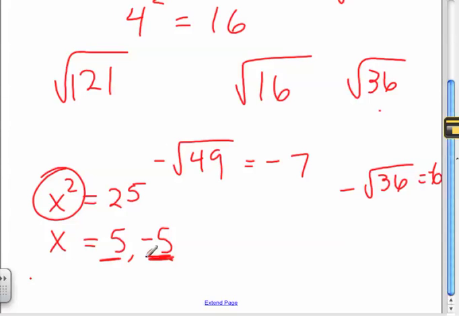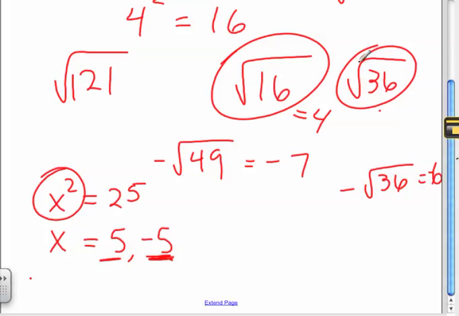If I see a radical like this with nothing in front of it, that means they want the positive. They want this to be 4. They want this to be 6. Whenever they want us to give the negative square root of a number, they'll put the negative in front of the radical and say, give me negative root 36.